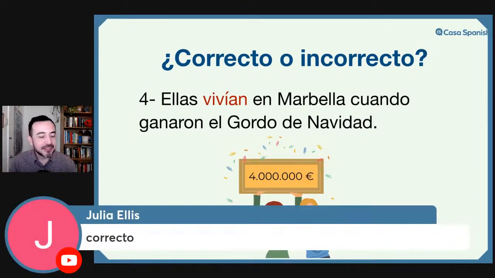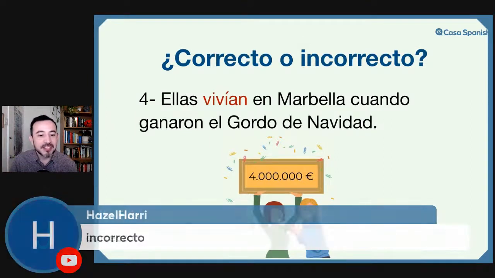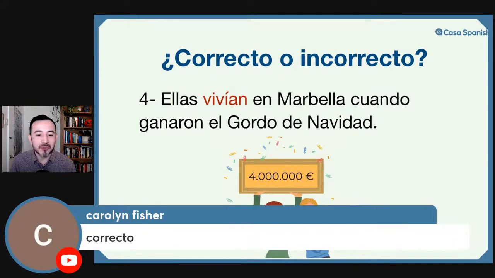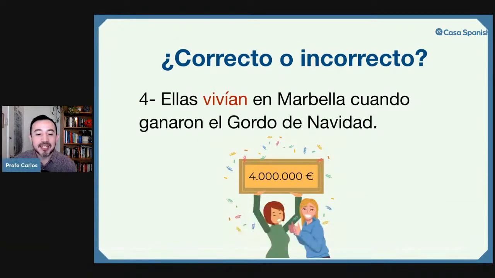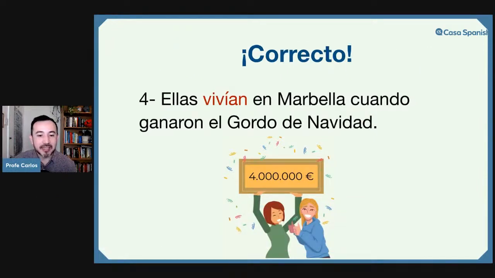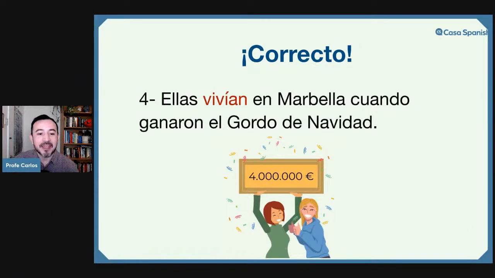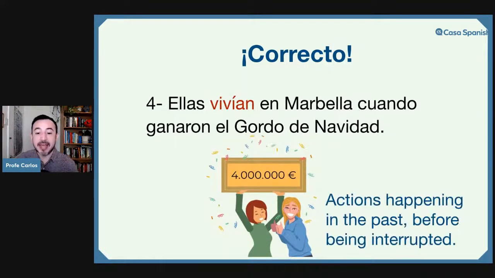Julia says correcto. Hazel says incorrecto. Carrie, correcto. Carolyn, good morning, Carolyn, correcto. Lynn, correcto. Y en este caso, in this case, it is correcto. Sí, Hazel, muy bien. Dice Hazel, sí, correcto. Ellas vivían en Marbella cuando ganaron el Gordo de Navidad. And this use is actions happening in the past before being interrupted.